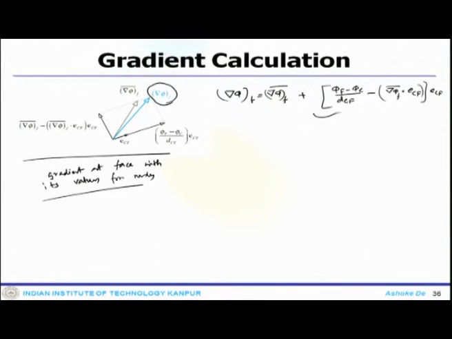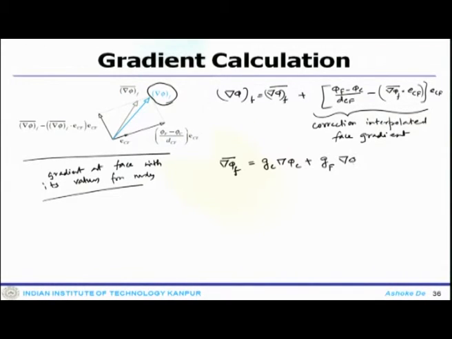So this is some sort of a correction to the interpolated face gradient, where the averaged delta phi equals G c delta phi c plus G f delta phi f, and E c f would be d c f by the magnitude of d c f, and d c f is R f minus R c.